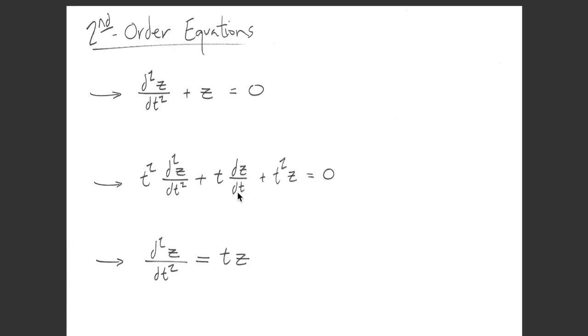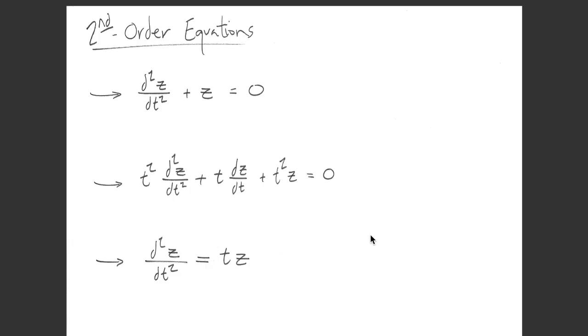They're basically linear combinations of these derivatives, where the coefficients of the linear combination can be functions of t, but you don't ever have something like the second derivative squared or the second derivative times the first derivative. Those would be nonlinear equations. So these are all second order linear differential equations.